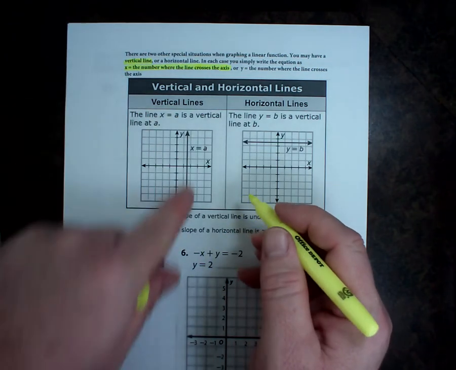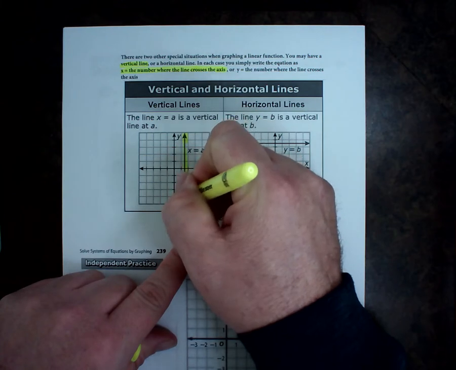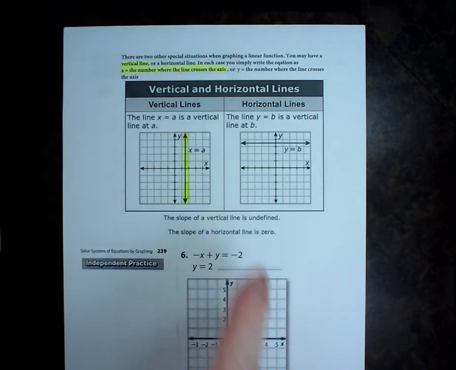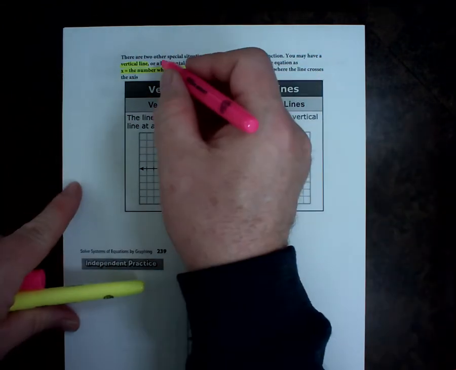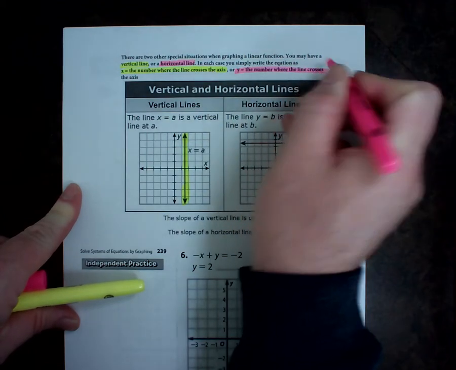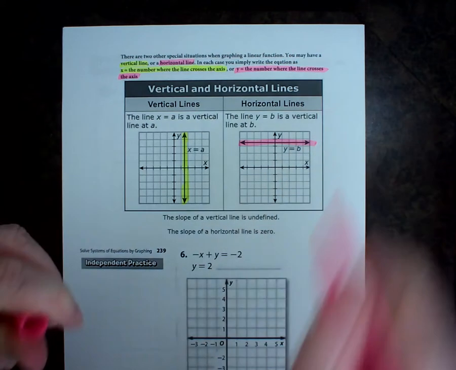So that's the vertical line. You can see it here. I've drawn it in here. Your vertical line. Vertical means up and down. Or you could have a horizontal line. A horizontal line is y equals the number where the line crosses the axis. So here you have your horizontal line.